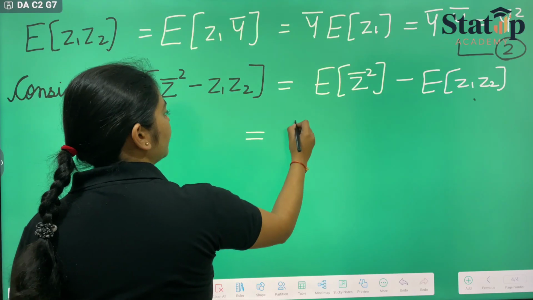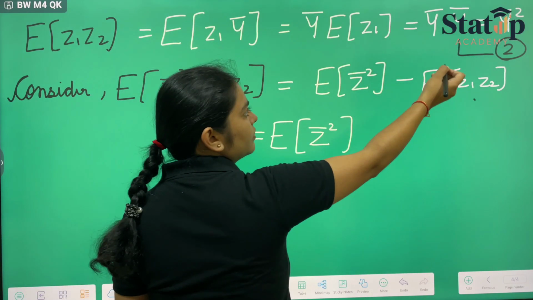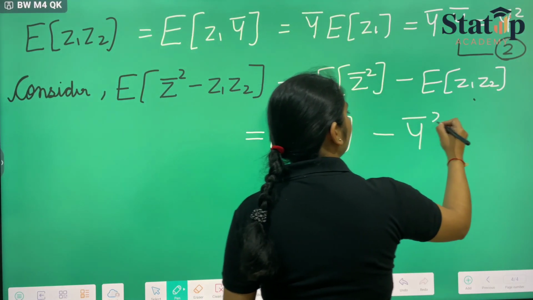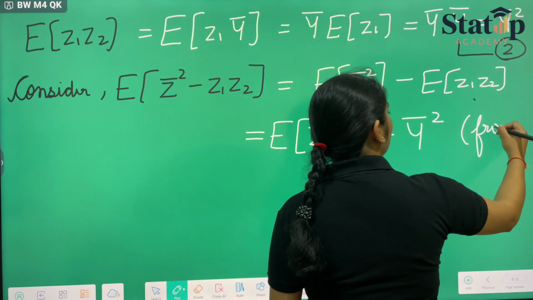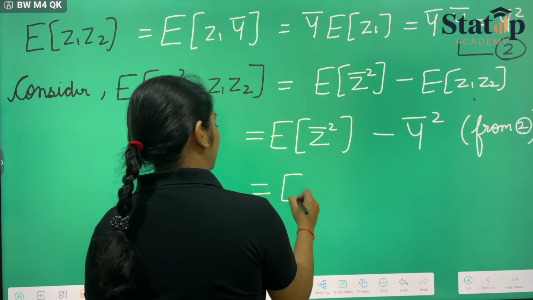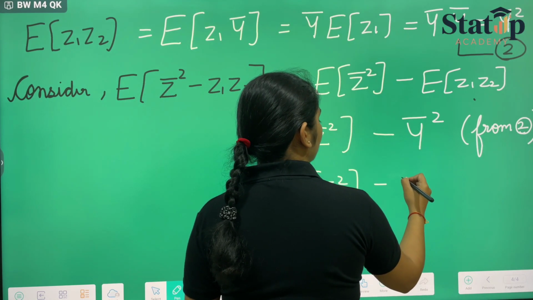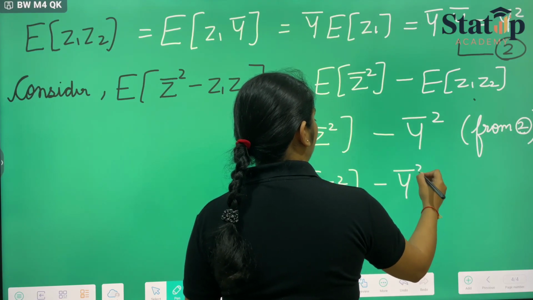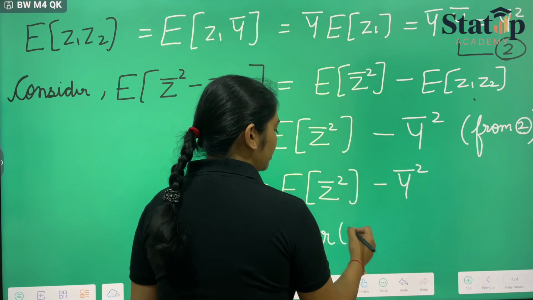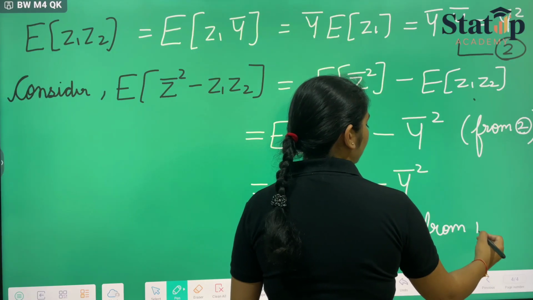Since estimation of z bar square we have to write directly like this, and estimation of z1 z2 from equation number 2 we can write as y bar square. Hence this can be written as estimation of z bar square minus y bar square is equal to variance of z bar. This we can write from equation number 1.